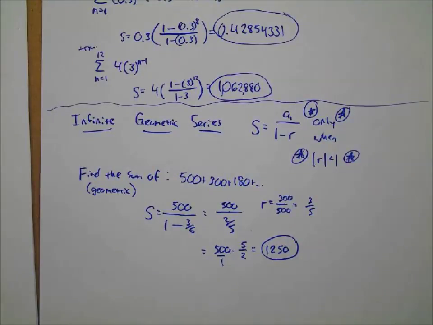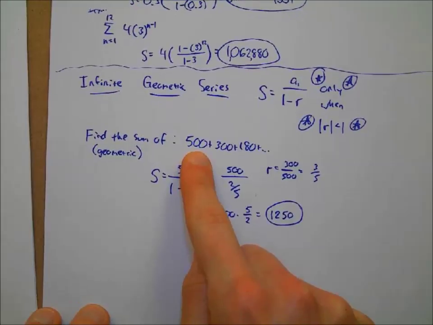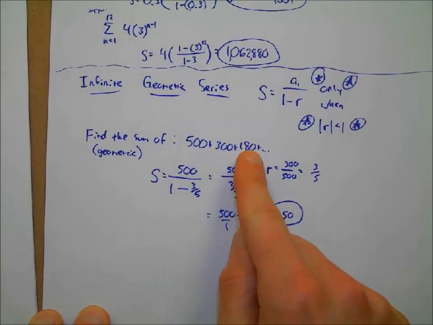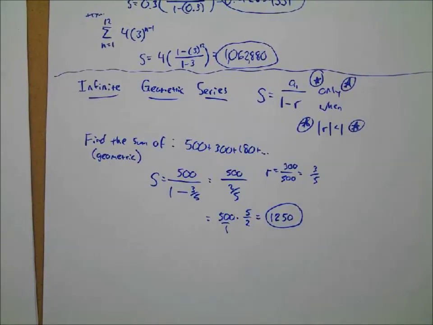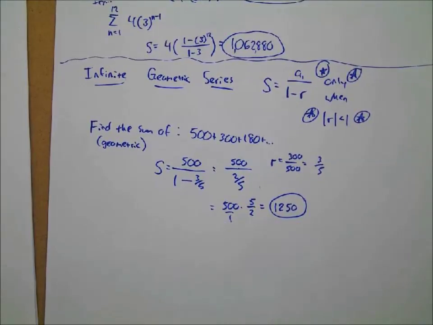In other words, starting at 500, adding 300, then 180, then 3/5 of that number, then 3/5 of that number, on to infinity, an infinite list of numbers added up. Your final sum will approach that 1,250 and go no higher than that.